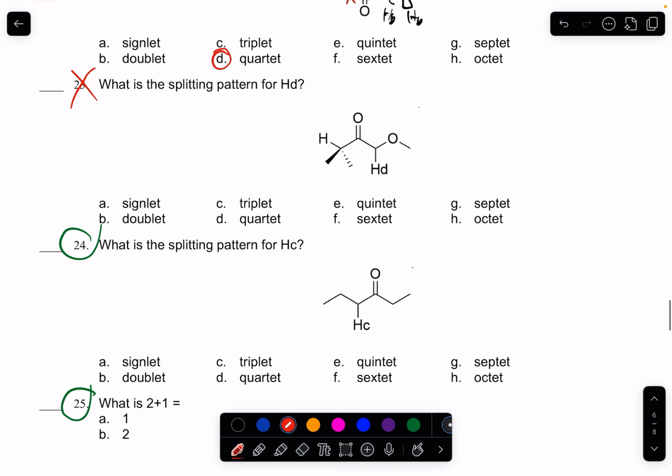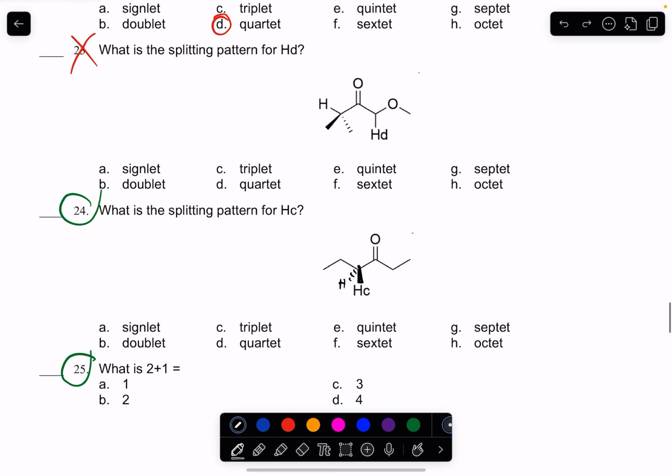What is the splitting pattern for HC? Okay, let's look over here. Unfortunately, because of this outlying methyl group, there is no symmetry. So we may have to do a replacement test, and it doesn't hurt to do the replacement test.